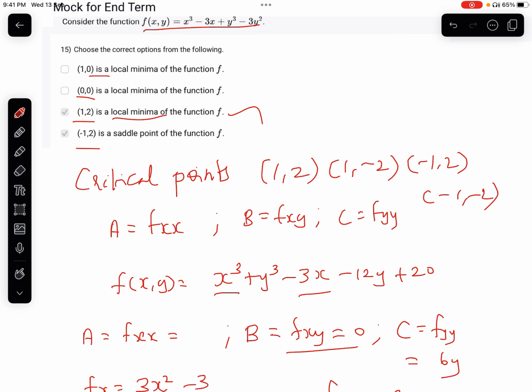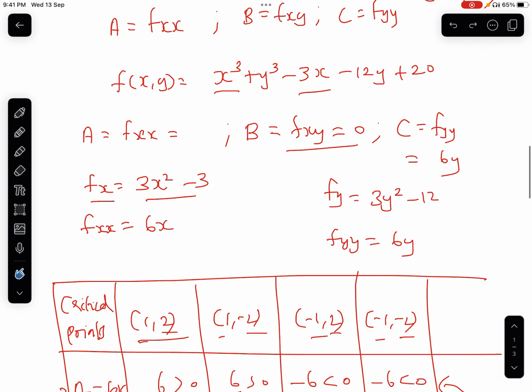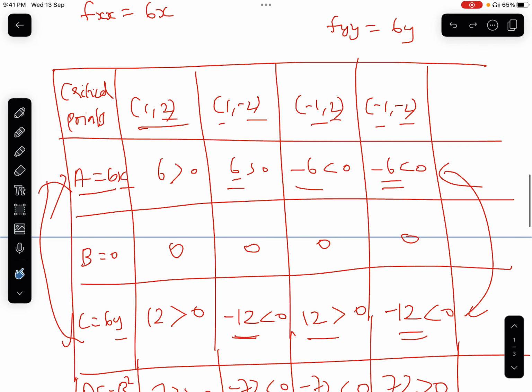Okay, so while looking at the saddle points, one more hope is that there are two saddle points. Now we'll check, and either of the saddle points will be the correct answer. So let us check the coordinate points 1 comma minus 2 and minus 1 comma 2.